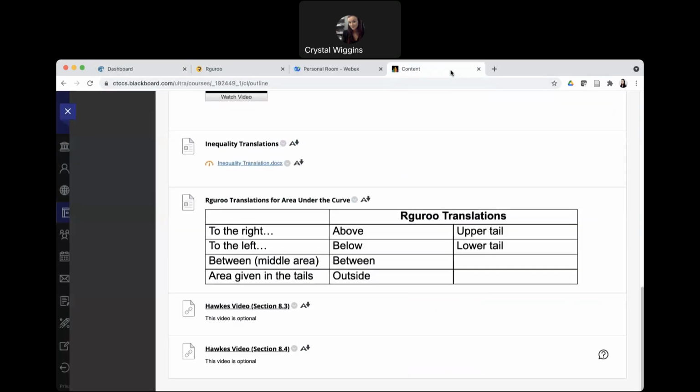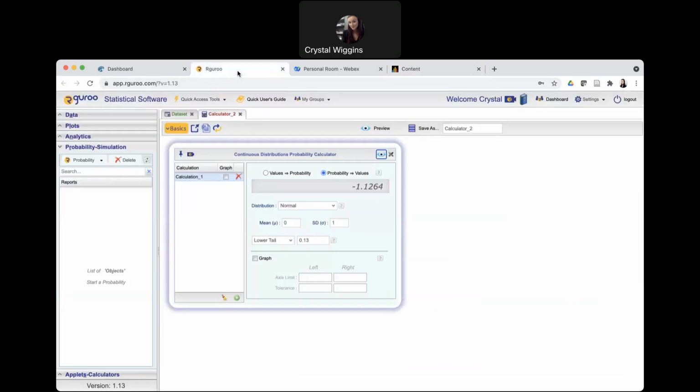If I come back to my chart, if I'm given area to the right, I need to select either above or upper tail, depending on what mode my calculator is in. So I'm going to select upper tail. Again, this is working with z-scores, so that implies the standard normal curve, and we keep the default of 0 and 1 for the mean and standard deviation respectively.